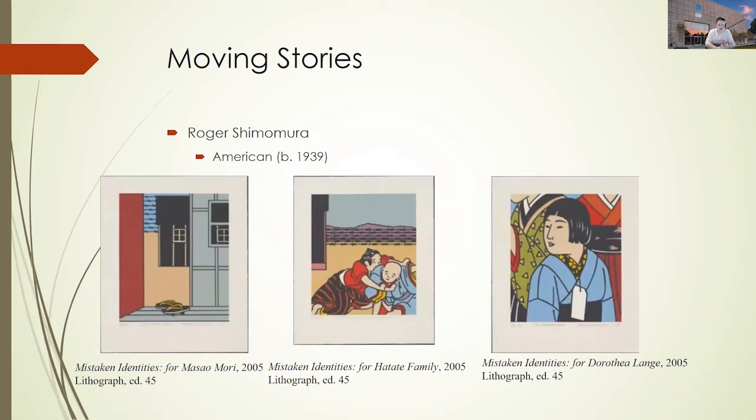So we're going to move on to Roger Shimomura, and he was born in America in 1939 as third generation Japanese, right before World War II. So you can imagine the environment he grew up in, and at one point, his family actually spent 2 years in a Japanese internment camp in Idaho during the war.